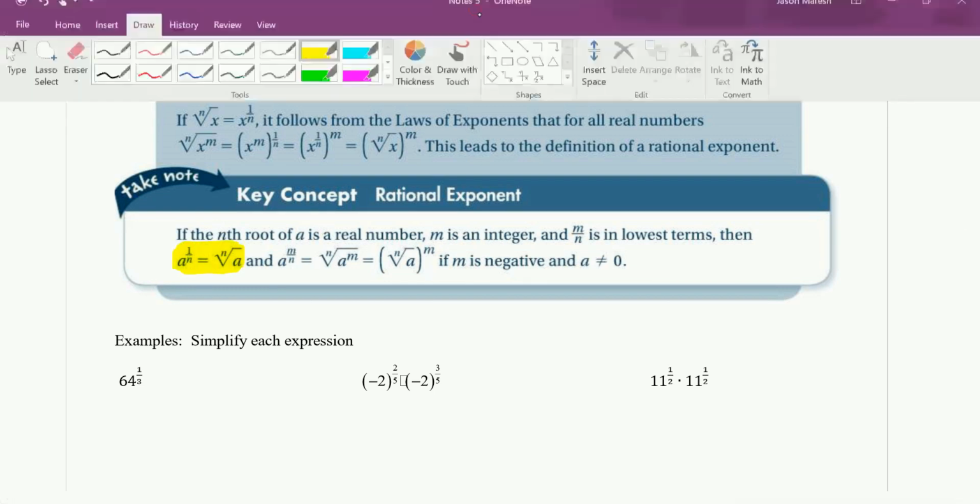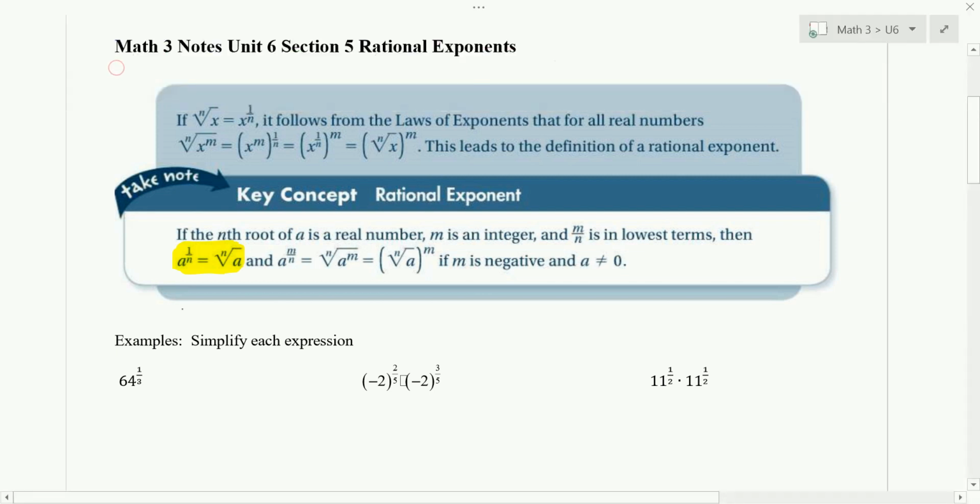exponent. And so if we look at a couple practical examples, if I have the square root of x, well, my index is a little 2, so that rule right there tells us that this is the same thing as x to the power of 1/2. Or if I have the cube root of x, that would be the same thing as x to the 1/3 power.